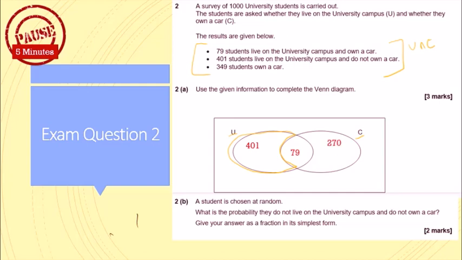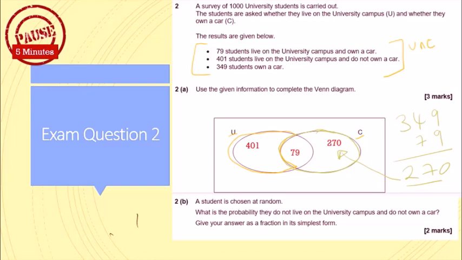And lastly, 349 students own a car. That means all of this circle, for C, has to add up to 349. So my calculation to work out 270 would be 349 take away 79, which would give me 270, and that's where that figure comes from there, 270.